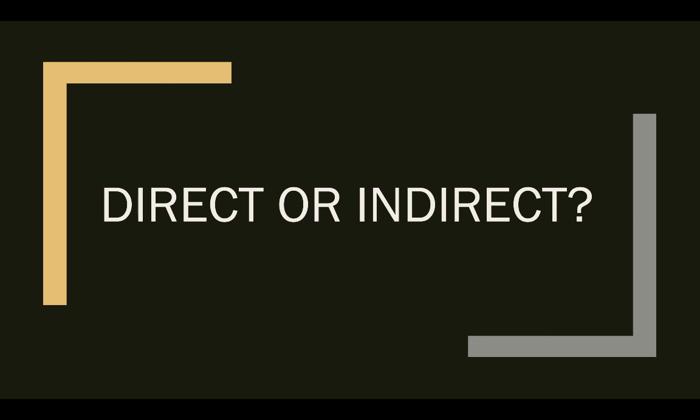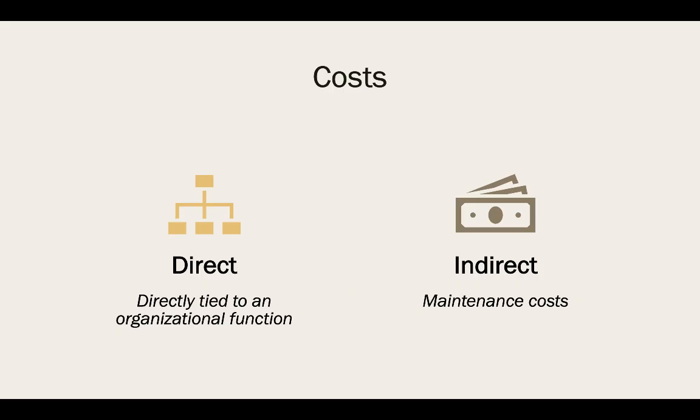So first, are our costs indirect or are they direct? So what's the difference between the two? Our direct costs are directly tied to an organizational function, something that we need to have our organization, our EMS agency, continue daily operations. And then our indirect costs, think of those as maintenance costs.